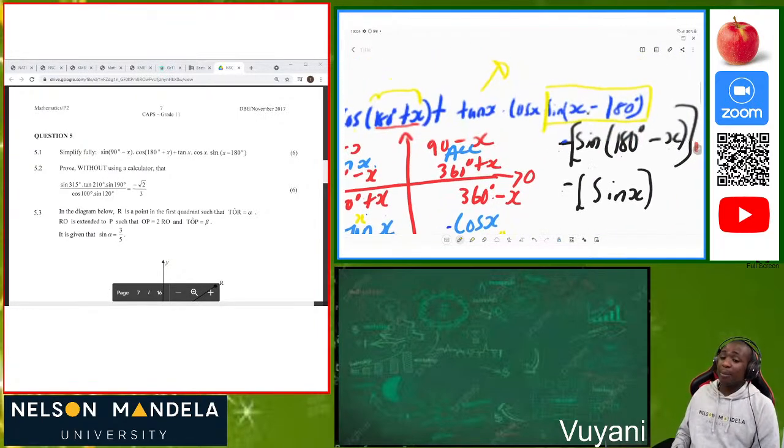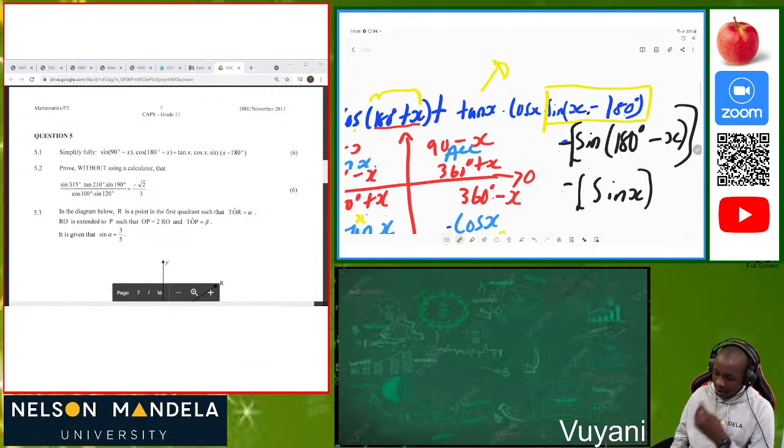But if you are not able to understand the reverse, or maybe you get confused, you can solve it in this manner, where you always start with numbers. You take the common factor, maybe the negative, to be outside, to be the scalar multiplier. So negative 1 times 180, we end up having negative 180. When you say negative 1 times negative x, you have positive x. So this is equivalent to this.